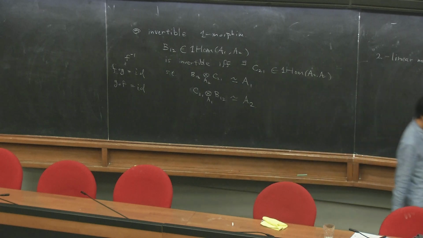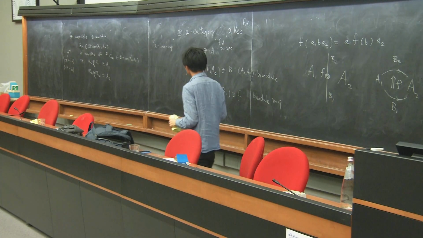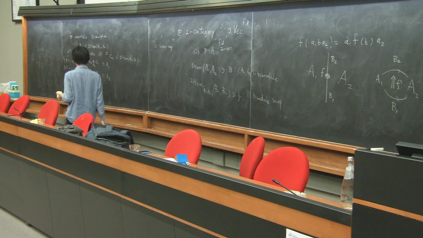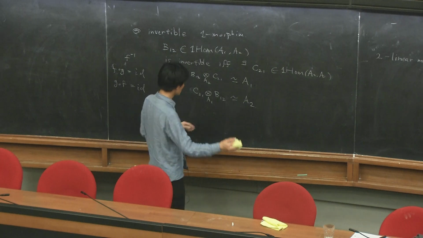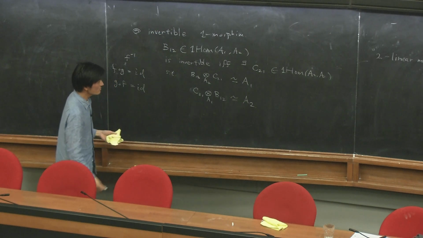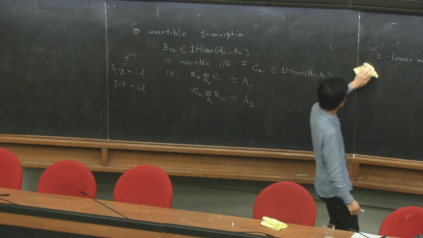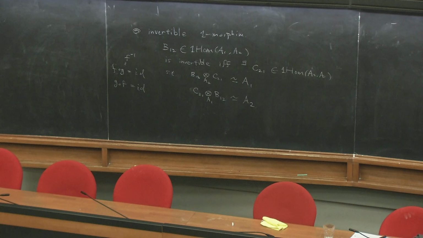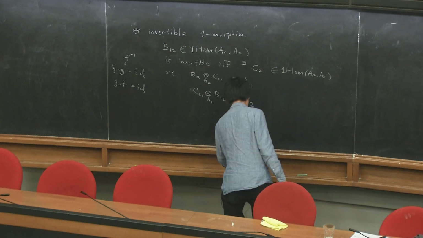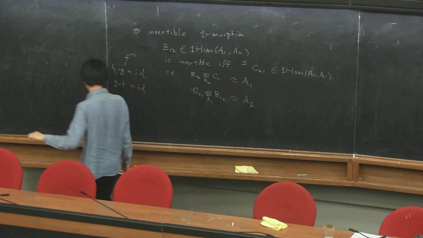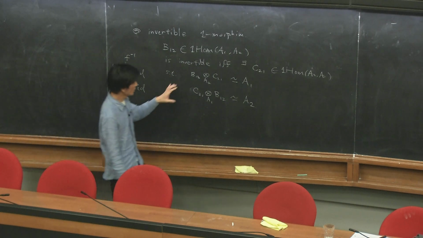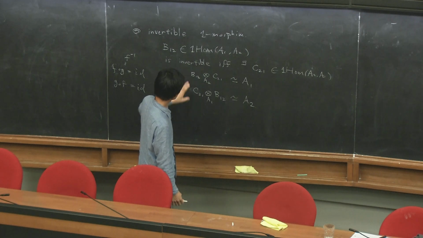Now, if two things are connected by the identity one morphism, then it is an invertible one morphism. Then the two topological systems are actually equivalent via this interface.